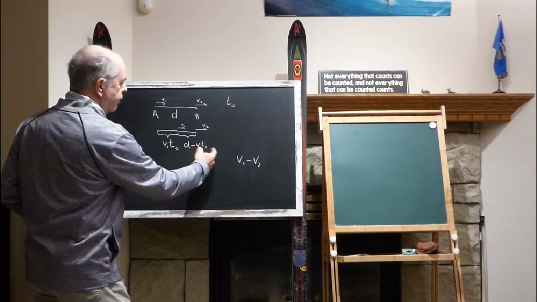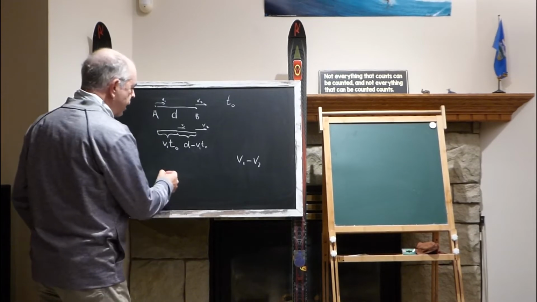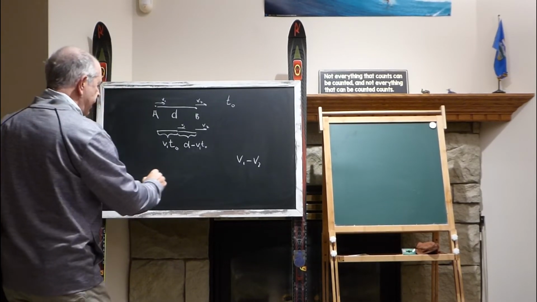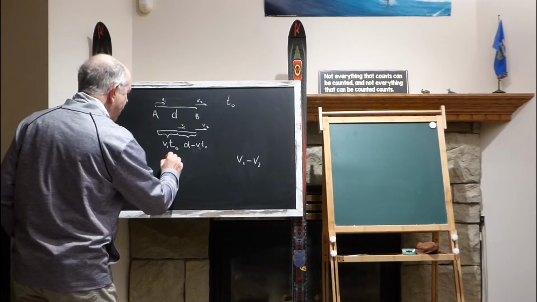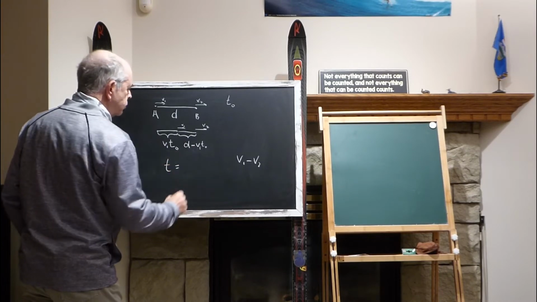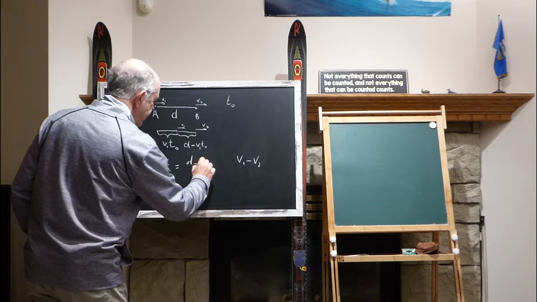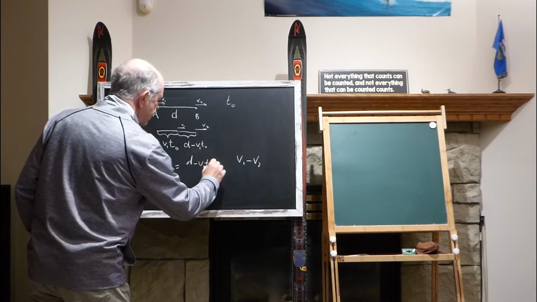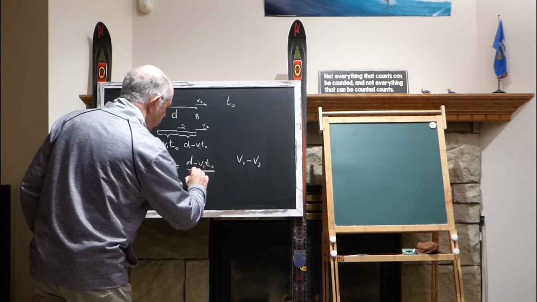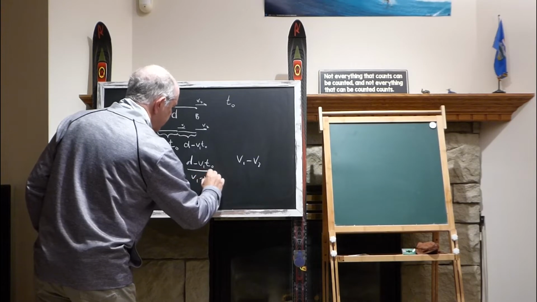And we have to cover this distance. Okay, so in this system of coordinates, this remaining time would be this distance, d minus v1 t0, divided by v1 minus v2.